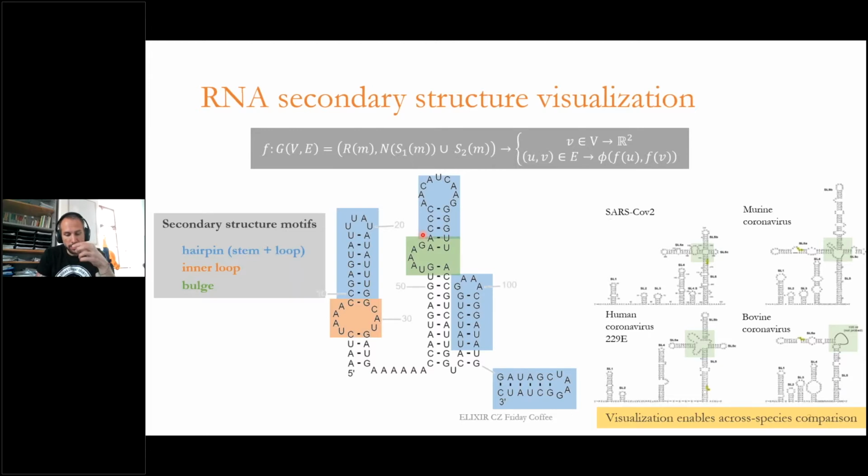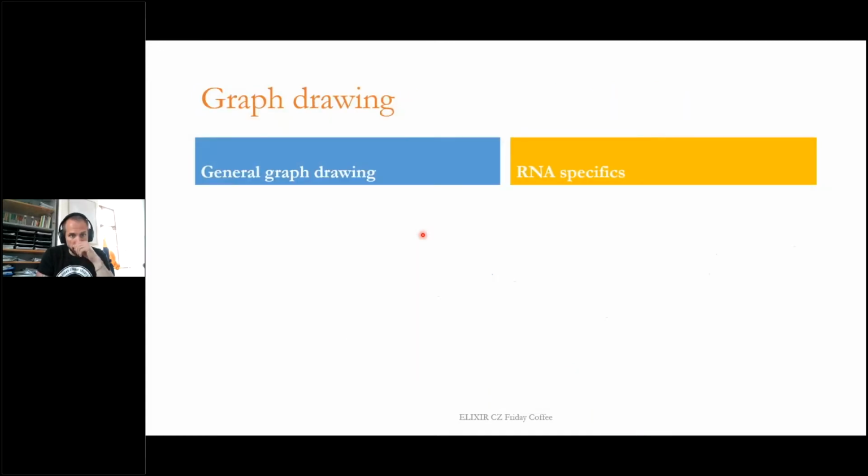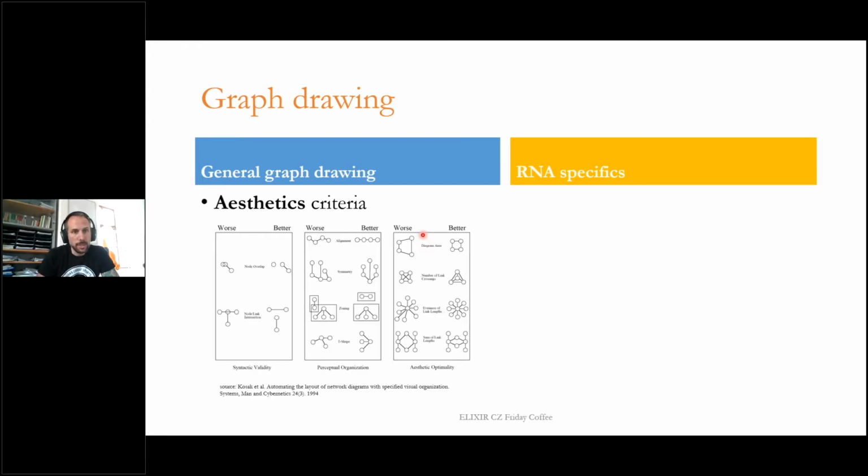And the graph drawing problem is a very well studied problem in computer science. So there exist many approaches to general graph drawing. All of them basically aim at arriving at a layout which would be optimal with respect to some aesthetics criteria, such as number of overlaps and several others.